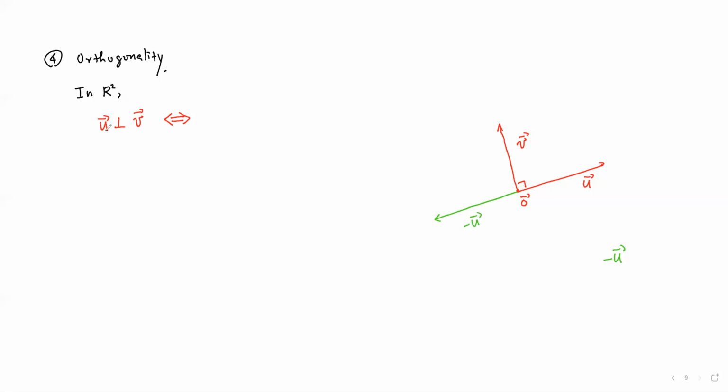When vector U is orthogonal to vector V, the distance between U and V, this distance, is equal to the distance between negative U and V. You agree?